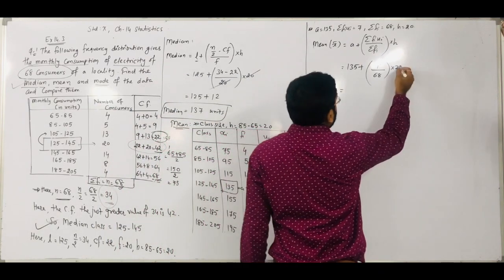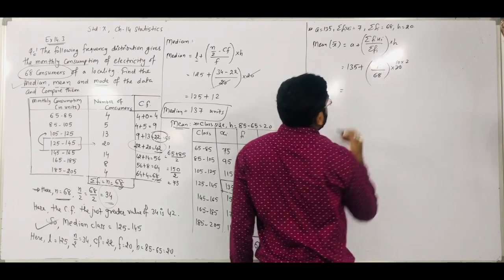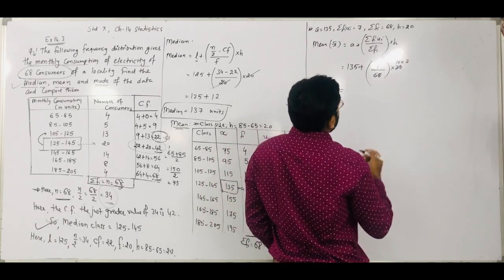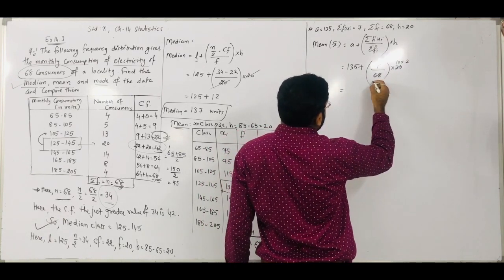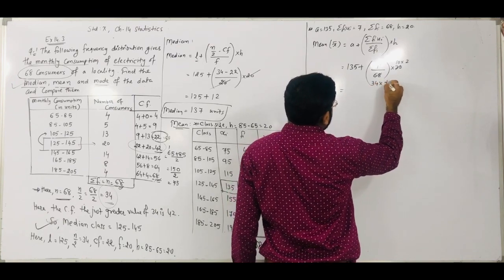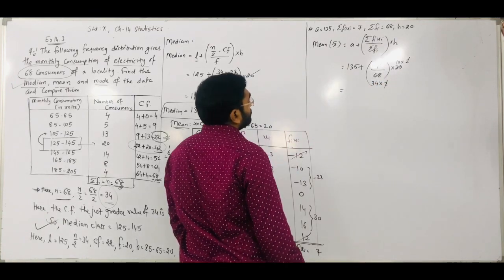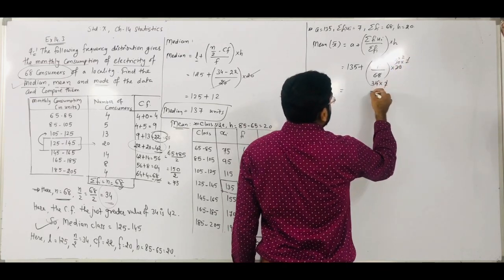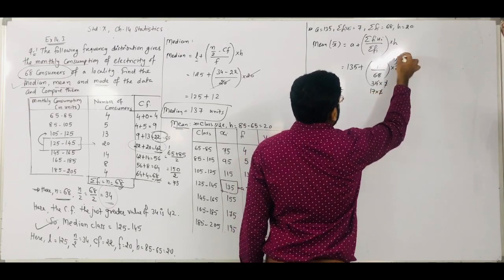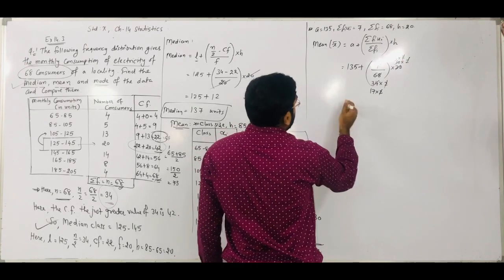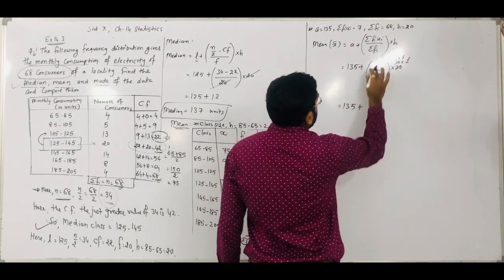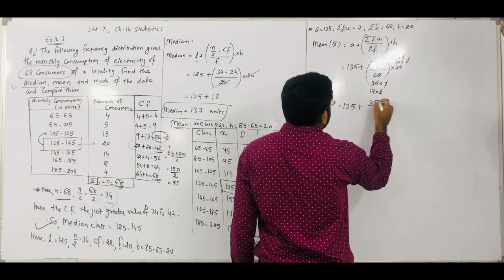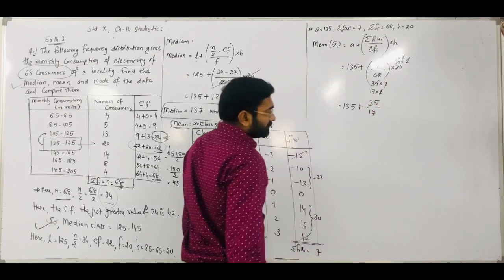So this is a 10 to, right. Here is a 34 to, so 2 is cancelled. Again this is a 5 to, here is a 17 to, so we get 135 plus 7 5s are 35 divided by 17. Right.